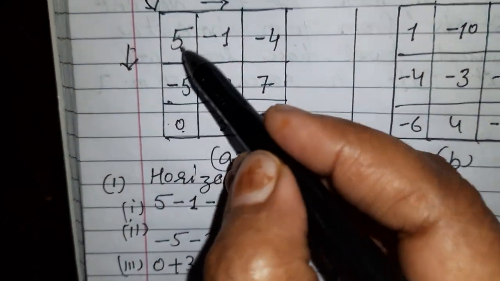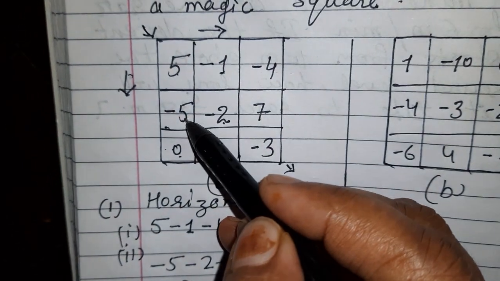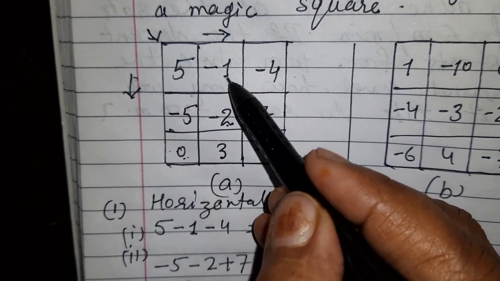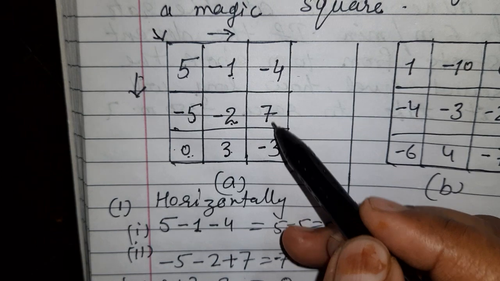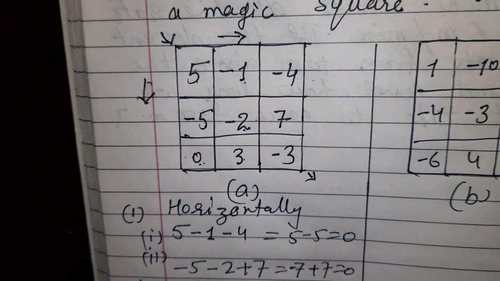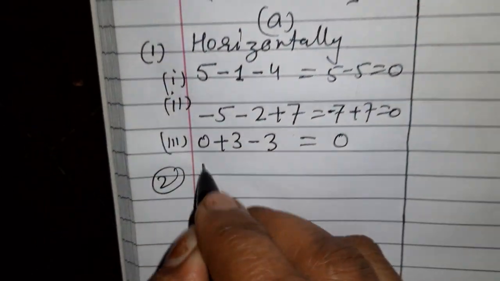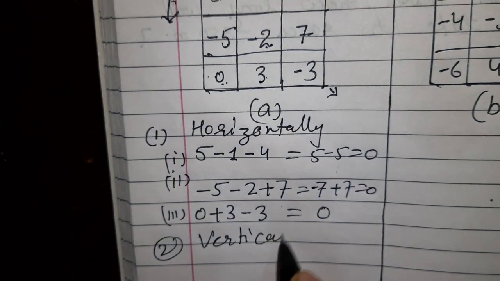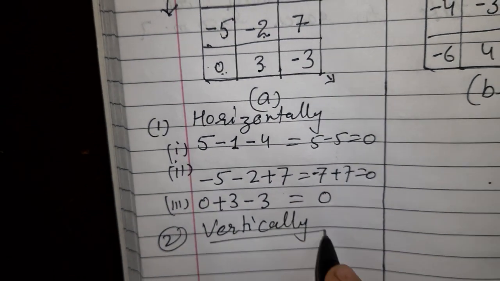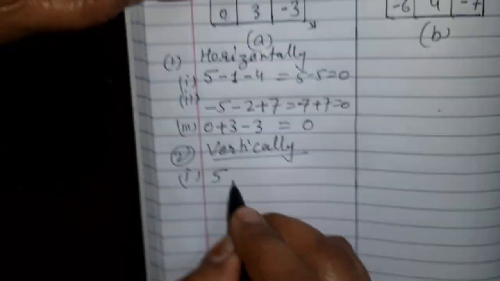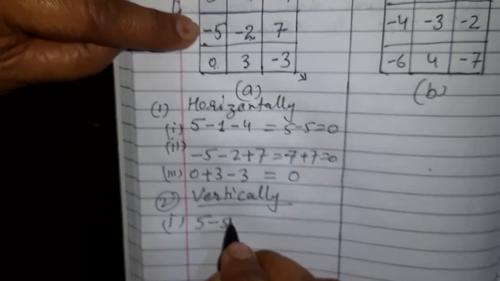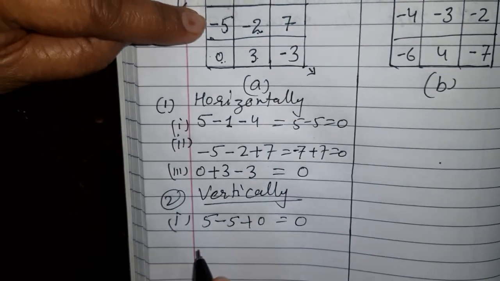Now add it vertically: 5 plus minus 5 plus 0, minus 1 minus 2 plus 3, minus 4 plus 7 minus 3. Sum of all integers vertically. In the first case, 5 plus minus 5 means 0.